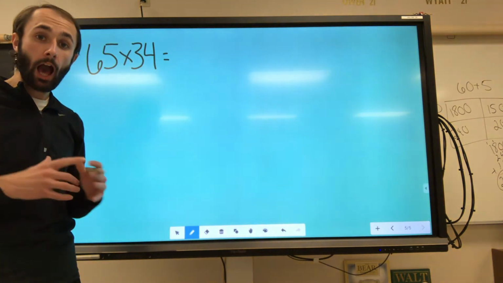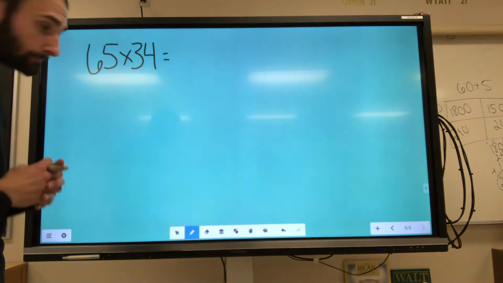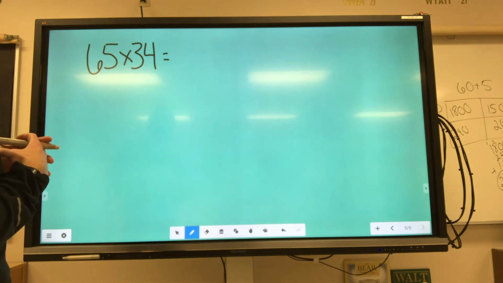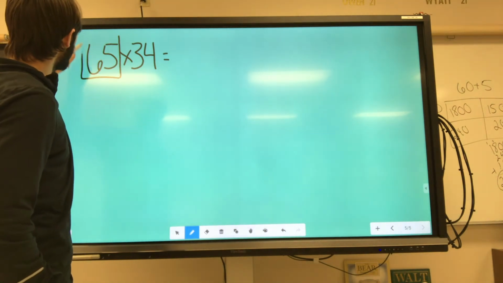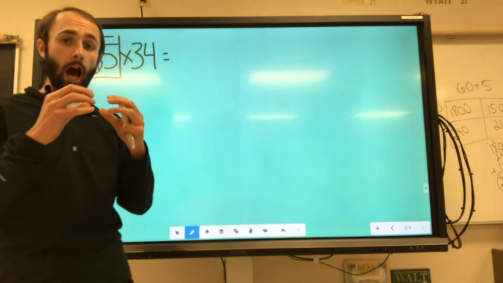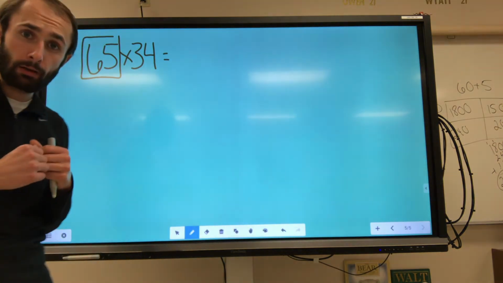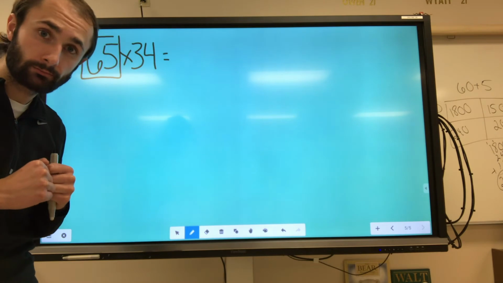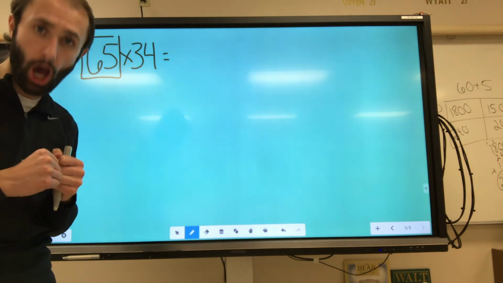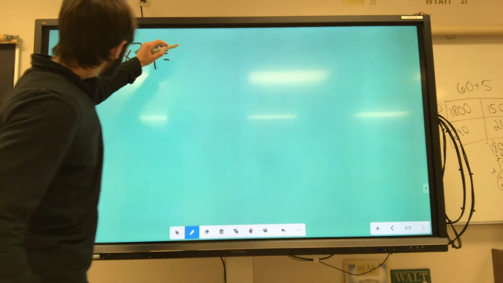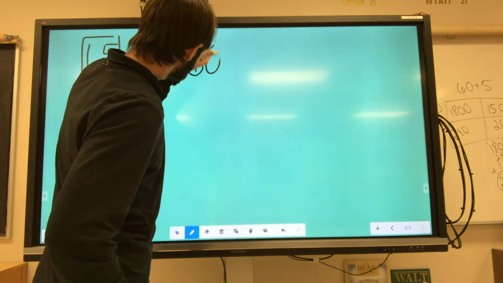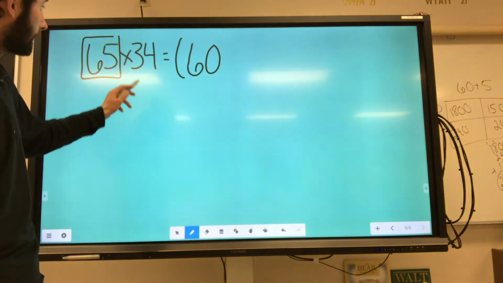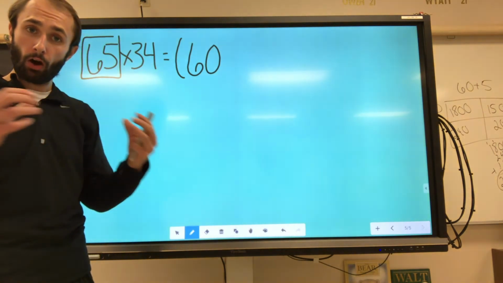Breaking it apart again, students. Let's take it apart this way. Let's take a look at 65 first. 65 expanded is 60 plus 5, is it not? Shake your heads. So I will do 60 times 34 broken apart, 30 plus 4.